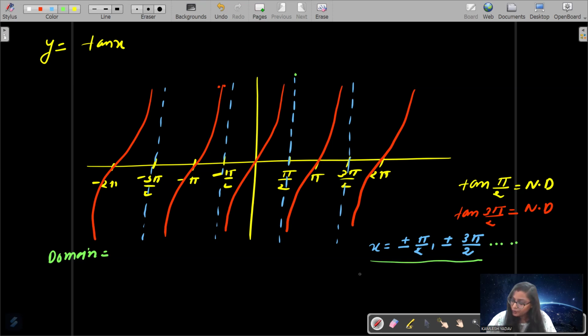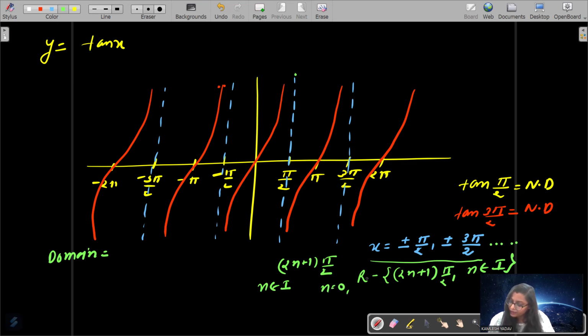So therefore, the domain is written as R minus (2n plus 1) into pi by 2, and here n belongs to the set of integers. Why do I write here (2n plus 1) into pi by 2? Suppose we put n equal to 0.